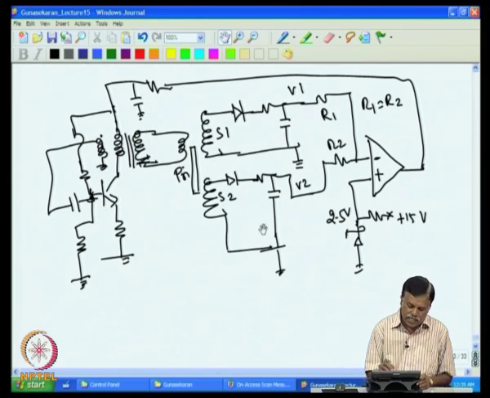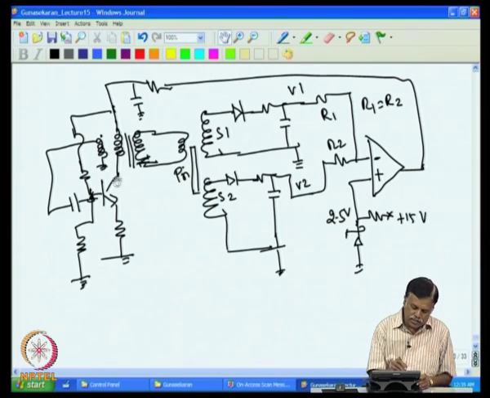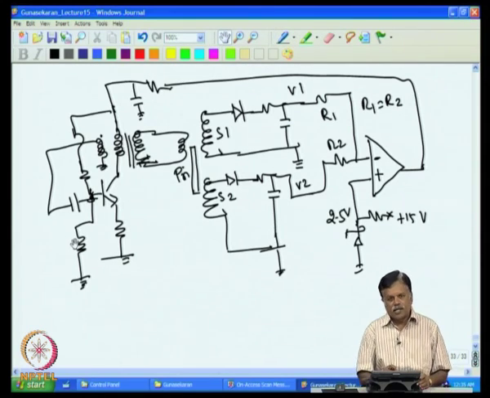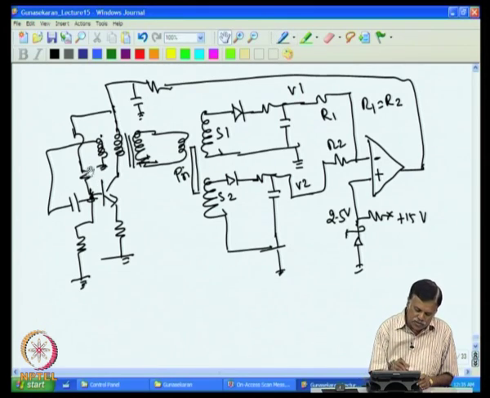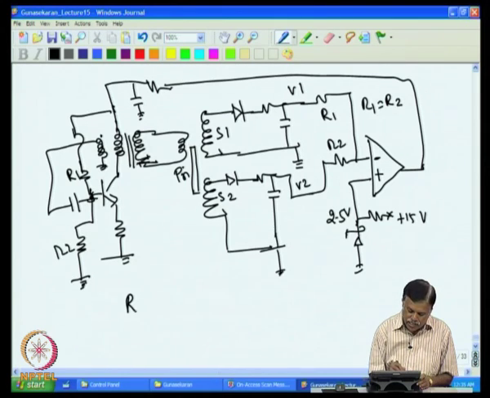Now, let us concentrate on how to design this oscillator circuit, which is a Hartley oscillator. Now, if you see the actual circuit, you have these two resistors, R1 and R2, used for biasing actually.